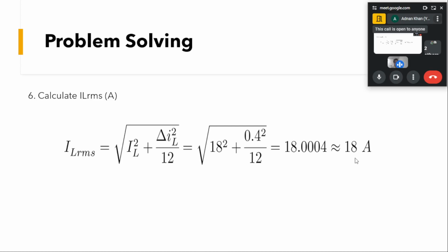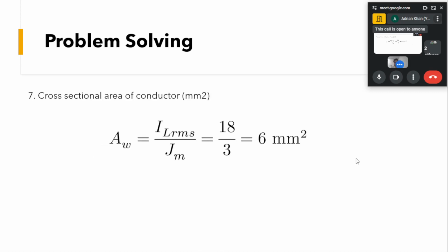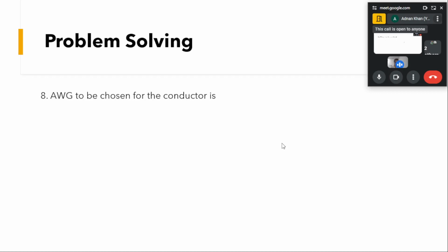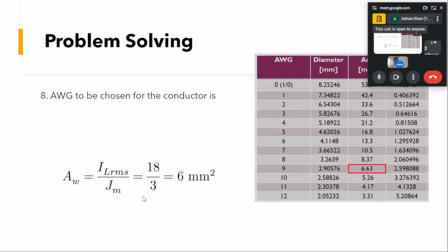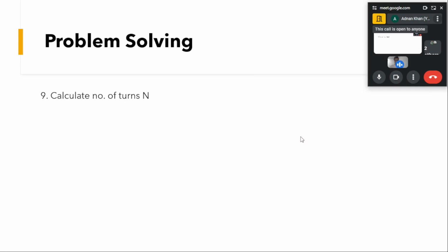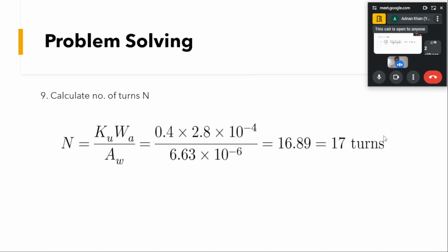If we know the current that is flowing, we can then choose a wire, by first calculating the area of the wire, and after that choosing an appropriate wire of a particular gauge, and then we calculate the number of turns, and these turns will be permissible in that core.